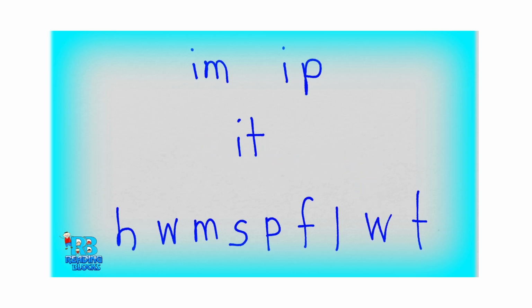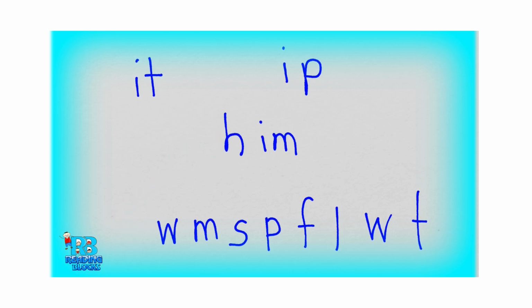Let's take our next word family and bring it down. And we have im. So let's make some words with im. So first of all, we have him. Good job.